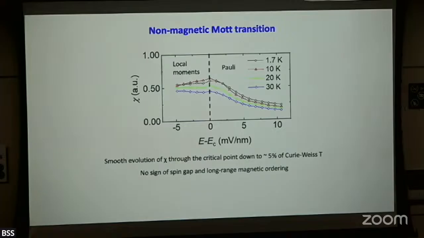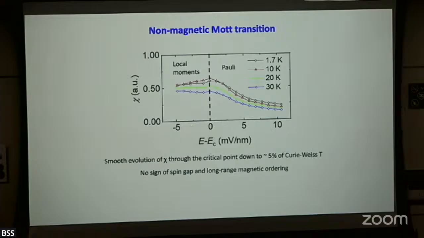Yeah, so on the left-hand side, when we have the Mott insulator, this is the superexchange I talked about. And on the other side, it's the Pauli magnetic susceptibility. The point I want to show here is that there is no jump or anything. It looks like susceptibility smoothly changes from one side to the other.